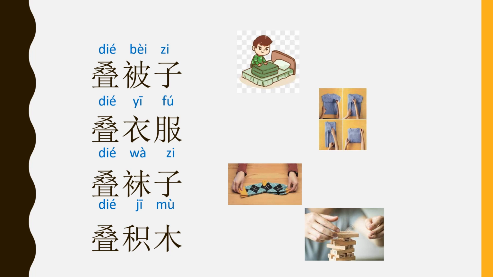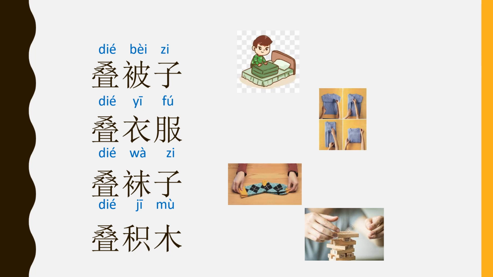Usually when we fold the blanket, it's one after one, like a pile up. 衣服 as well, clothes. You fold them one by one and then put them nicely in your closet. 袜子 also. You can fold them and put them nicely in order. 叠积木, one by one pile up. You can also say 搭积木, which means build up.